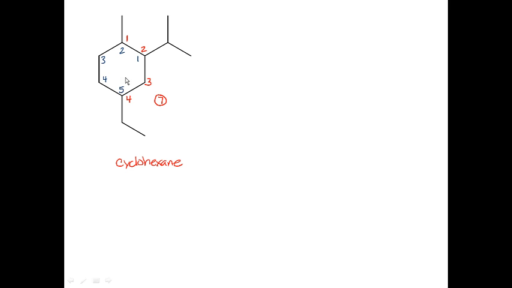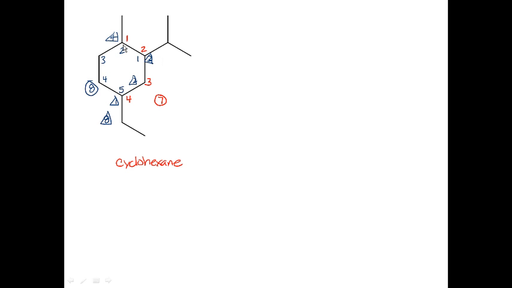Now look, that blue numbering scheme has a grand total sum of substituent numbers of 8, so I'm not going to use the blue numbering scheme. I'm not going to start numbering down here at 1, 2, 3, and 4, because that would give me 8 as well. So I put those in triangles to differentiate them.